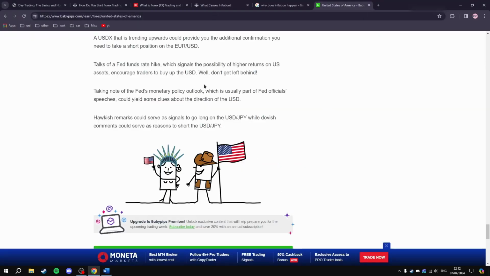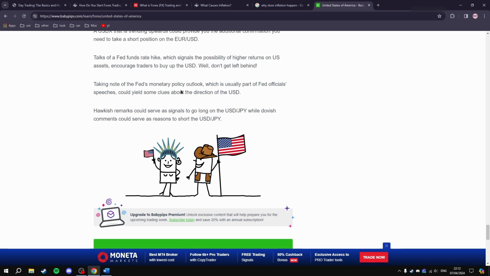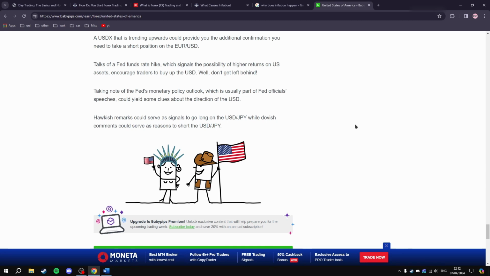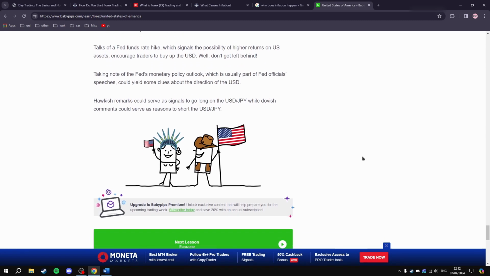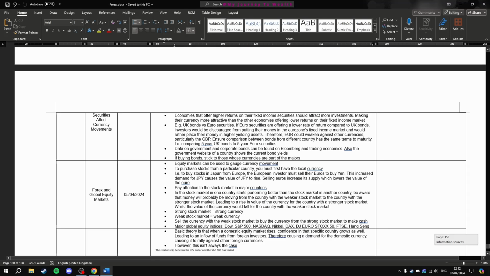Talks of a Fed funds rate hike, which signals the possibility of higher returns on US assets, encourage traders to buy up the USD, so don't get left behind.